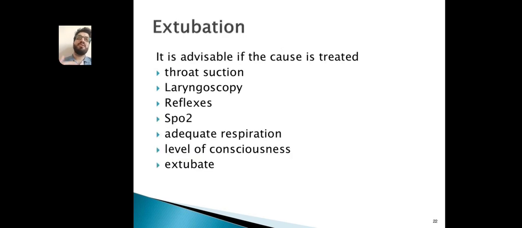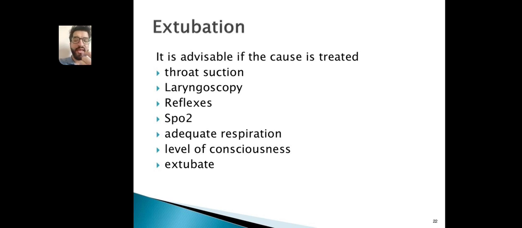Once the process of intubation is done, we can ventilate the patient throughout the duration whenever it is required. And once it is not required, the tube needs to be taken out. For extubation, firstly we use the suction apparatus to suction out all the secretions that are collected at the throat. Then we can do laryngoscopy.